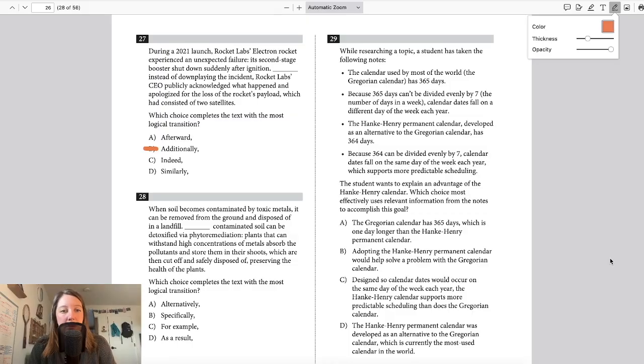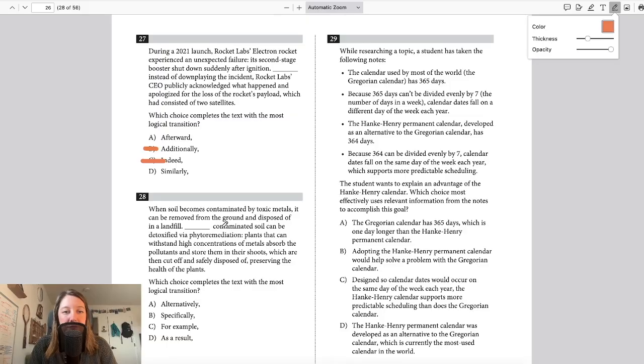Okay. So C is indeed. Indeed, instead of downplaying the incident. So indeed, I don't like here because indeed we use when we're kind of doubling down on maybe an impression that we have or an argument that we made in the previous sentence. But there's no argumentation here. There's no impression. It's not a personal opinion.